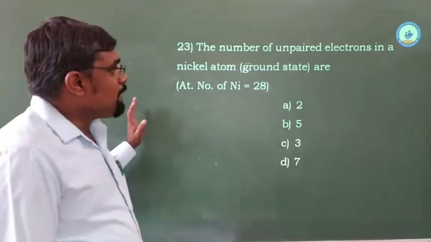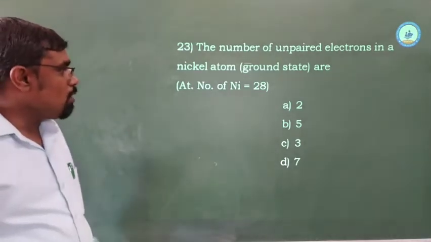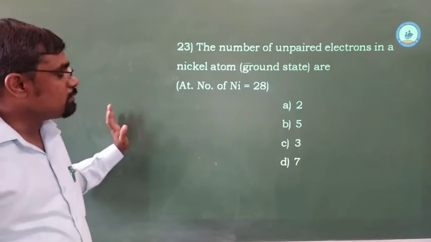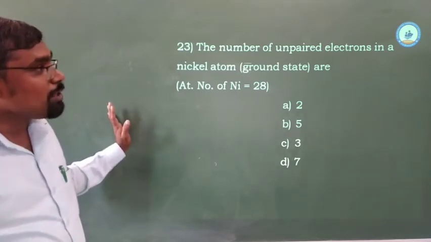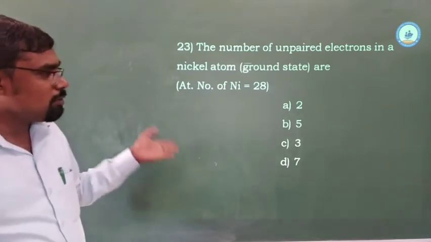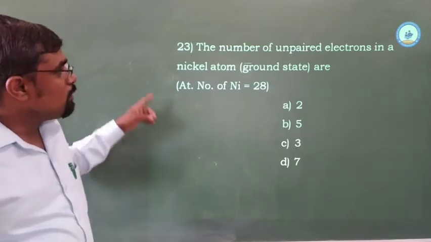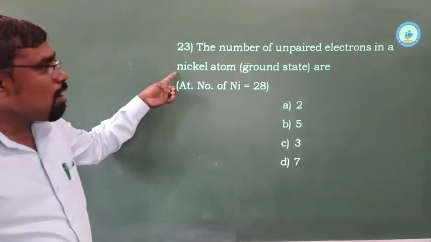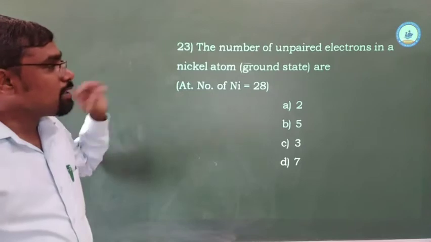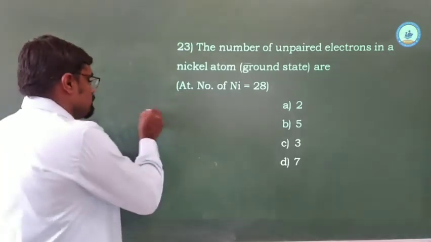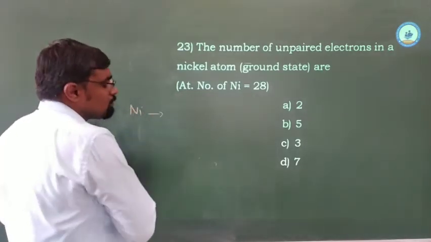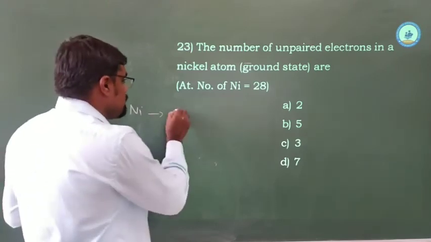Next, the number of unpaired electrons in a nickel atom, atomic number is 28. The number of unpaired electrons is an easy one. Here not only the nickel atom is given, but they have not given an oxidation state. So easy one, nickel electronic configuration, atomic number 28.